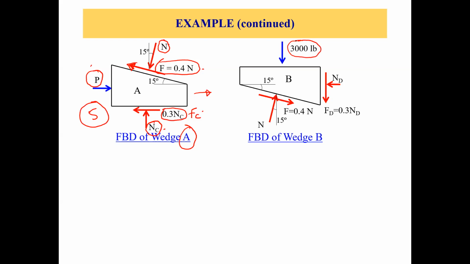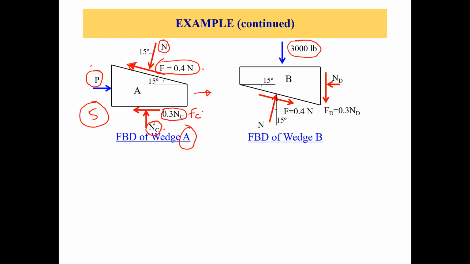So we apply this. Now we come to the bottom of the wedge B, and we have two forces, normal force and friction force. We already went through the theory of how we apply this normal force and friction force. It will be equal and opposite to the forces acting on top of the bottom wedge, right?